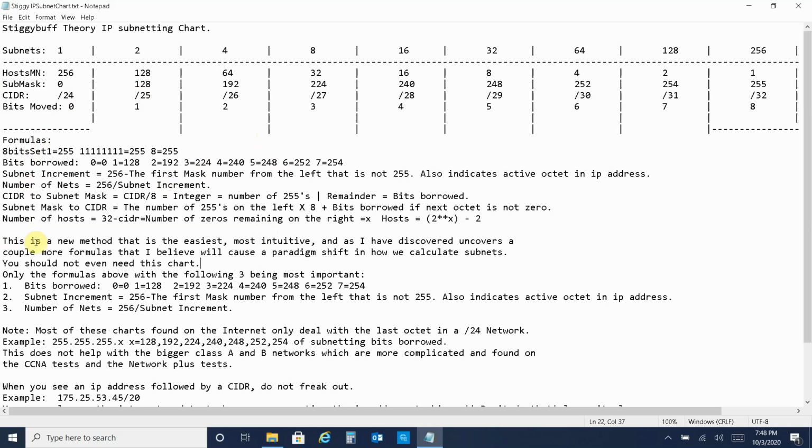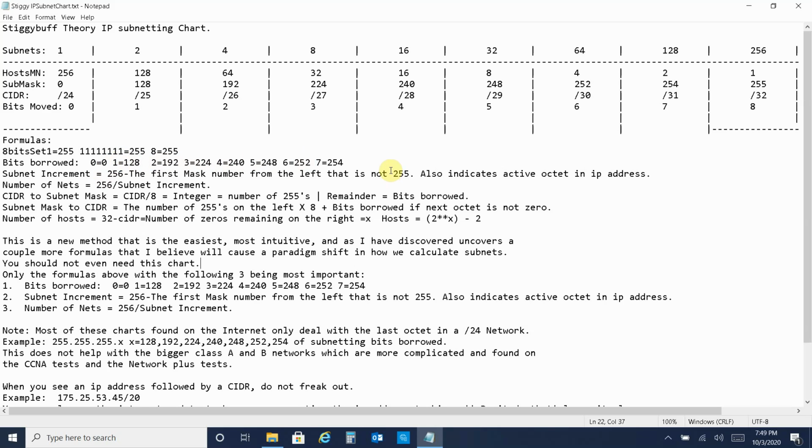Here are our formulas again. I'm going to be hammering these in. And you think, oh, that's too many to remember. No, it's not. I'm going to talk about this real quickly. This 8 equals 255. You may think, well, 8 doesn't equal 255. Well, 8 bits does. So just 8 equals 255, easy to remember. You can just memorize these in your sleep.